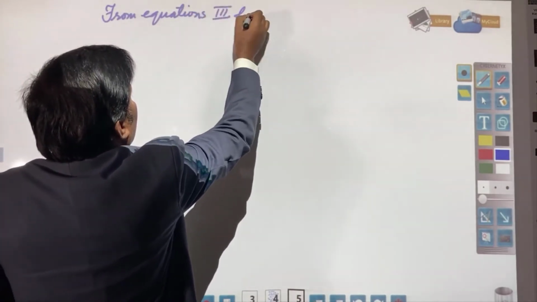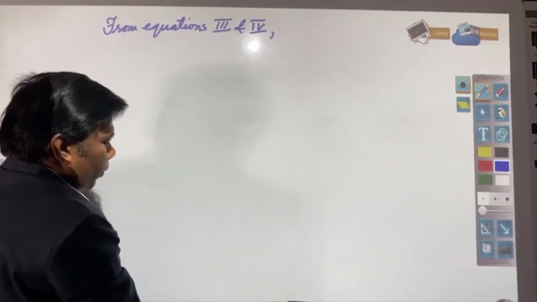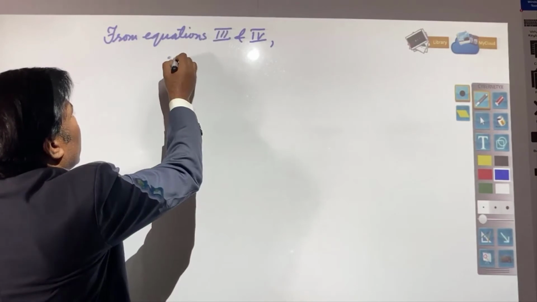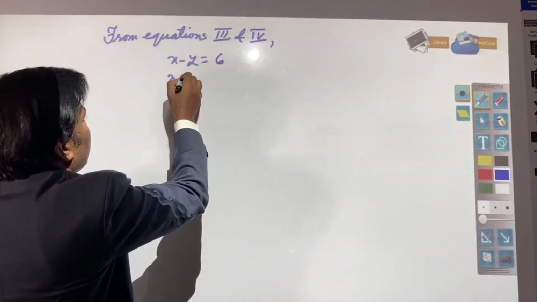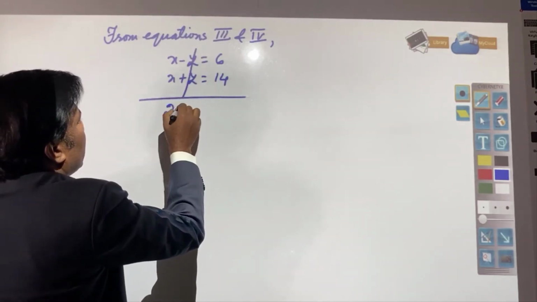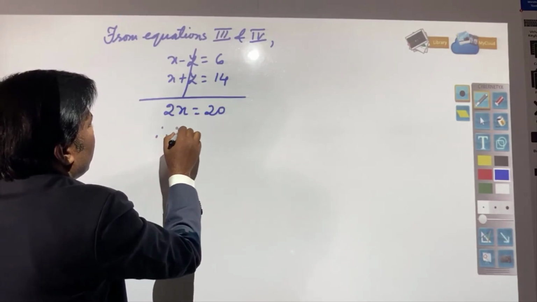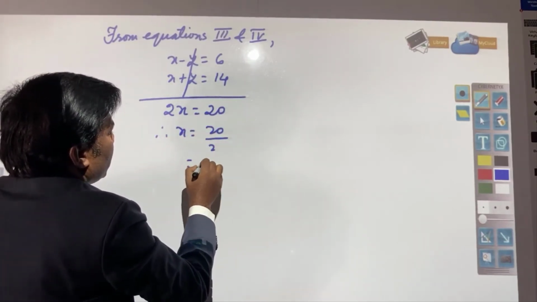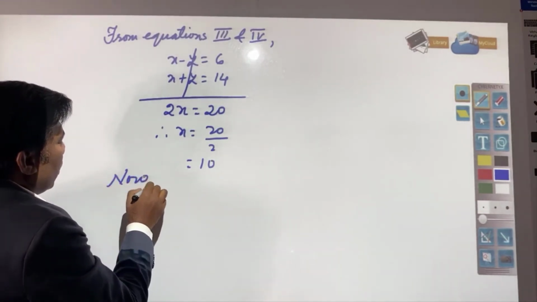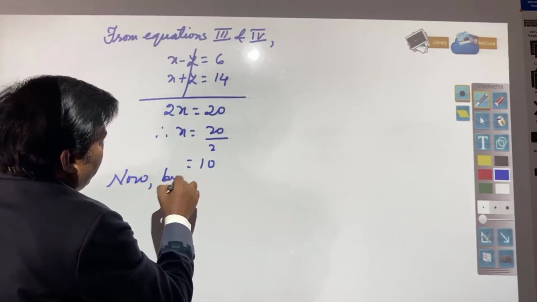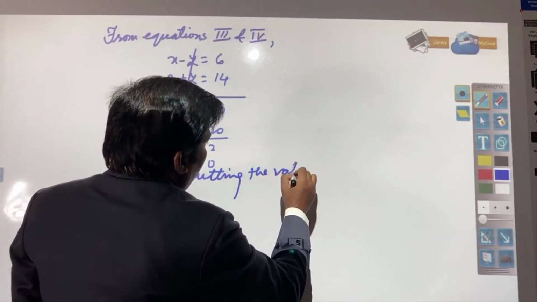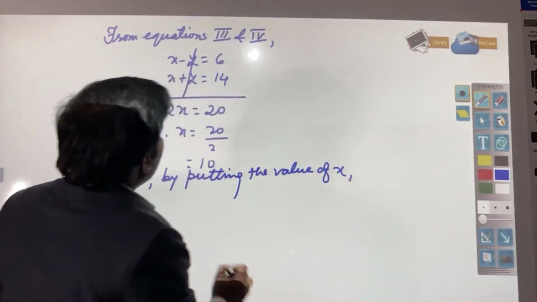Now simplify equations three and four. We have x minus y is equal to 6 and x plus y is equal to 14. Adding these, y cancels. 2x is equal to 20. Therefore x will be equal to 20 by 2, which means 10. X we have got. Now put the value of x in any equation.